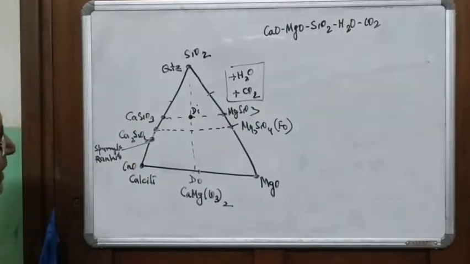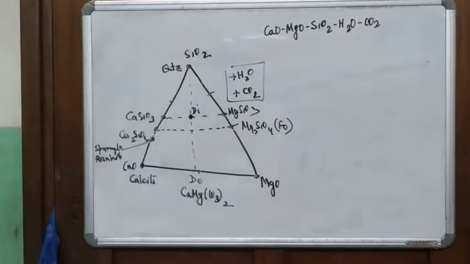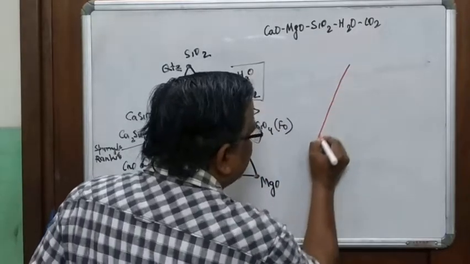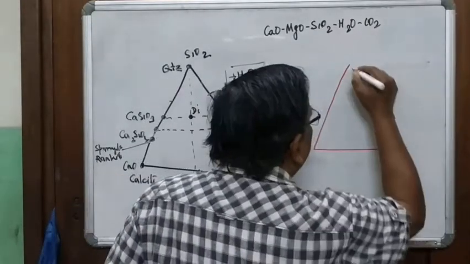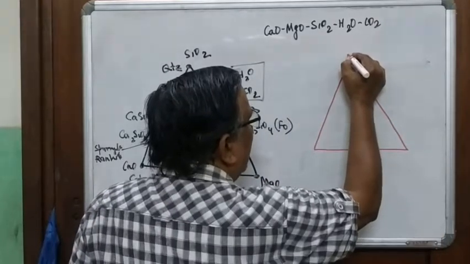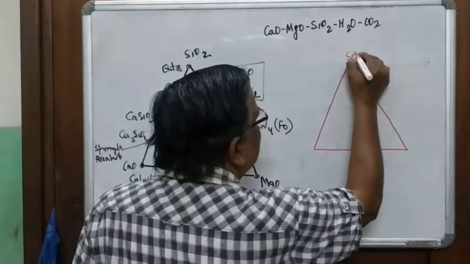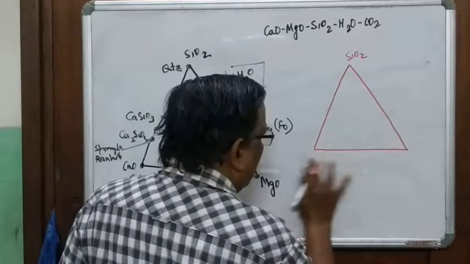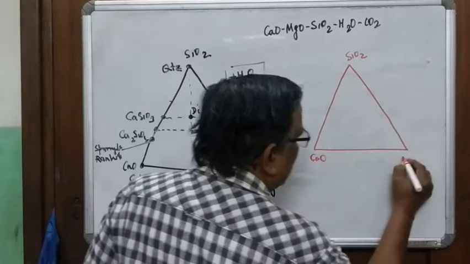So say, for example, in a triangle like this, I have SiO2, CaO, and MgO.